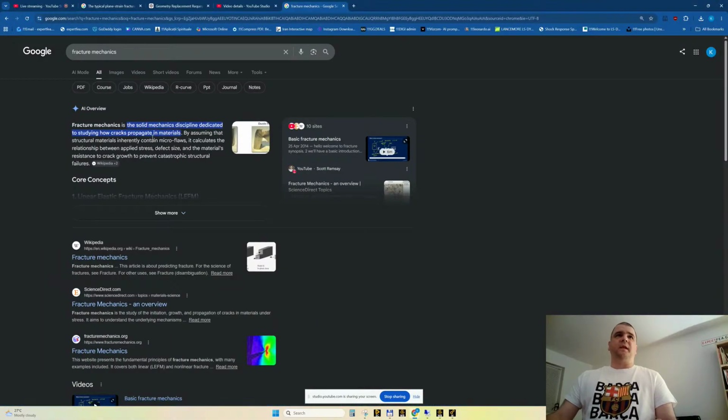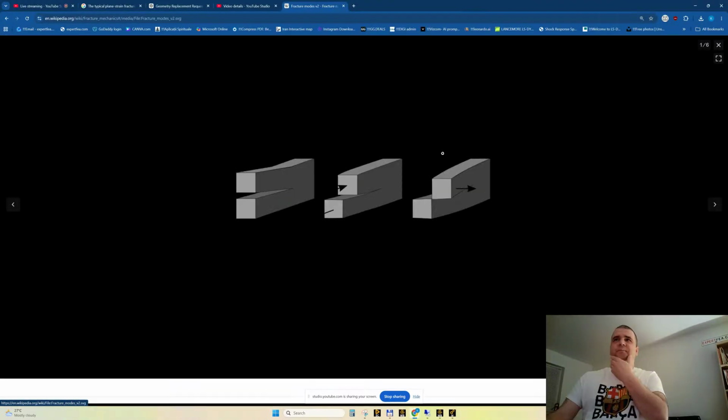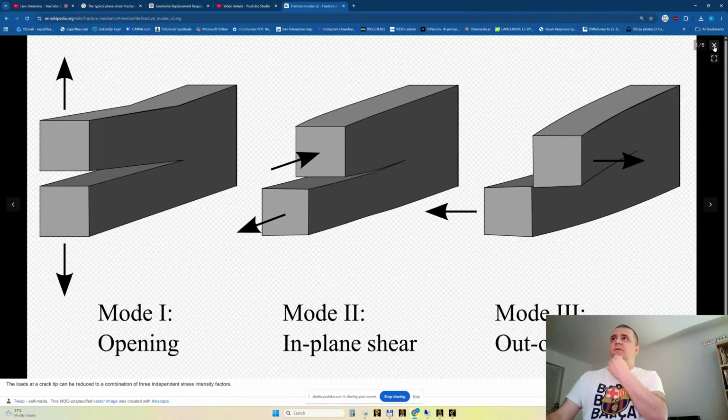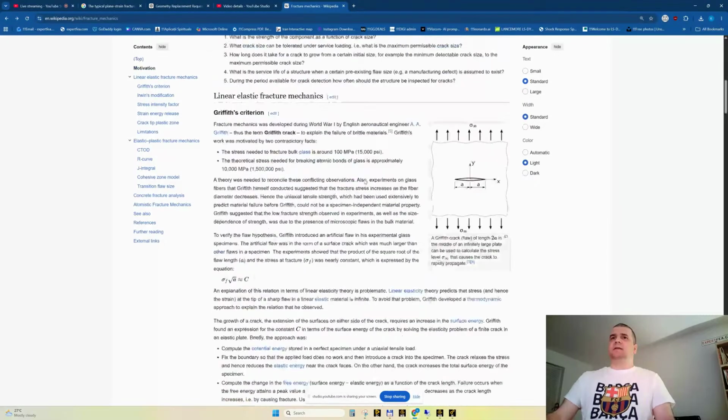In fracture mechanics, we study how cracks propagate in materials, usually in time, usually due to fatigue load. This is the nutshell, yes? And there are mainly three types of cracks or openings.